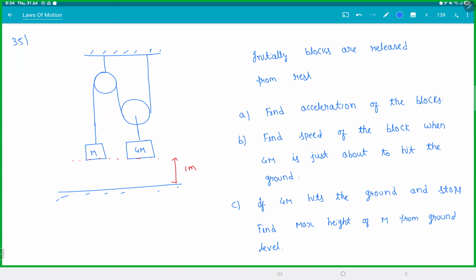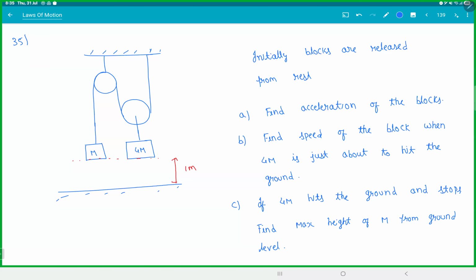Okay, let's start with the first one. Let's see how to do this.